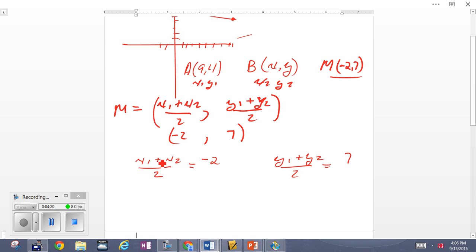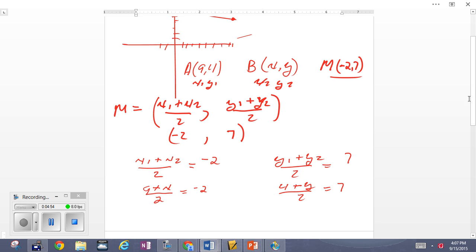But now I can say, wait a minute, I know what x1 is. I don't know what x2 is, so I'm leaving it as x. So that's the x1, which is 9, plus the unknown x2, which is x, over 2, equal to negative 2. And then I have the y1, which is 4, plus the y2, which I don't know, is y, over 2, equal to 7.